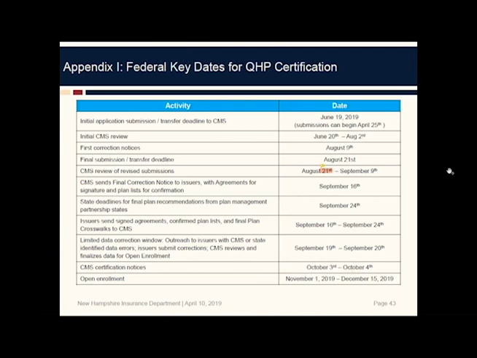Limited data correction window, outreach to issuers with CMS or state-identified data errors. Issuers submit corrections. CMS reviews and finalizes data for open enrollment between September 19th and 20th. CMS certification notices go out between October 3rd and October 4th, and open enrollment runs from November 1st through December 15th. Next slide, please.